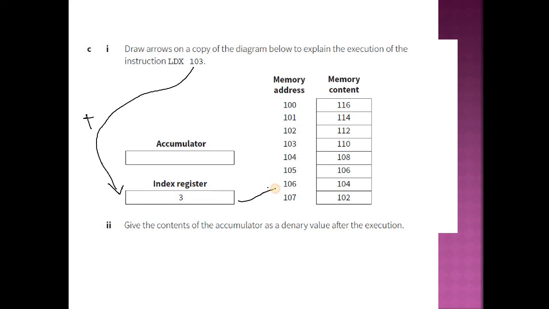From this position the data will be loaded, 104 will be loaded in the accumulator. Give the contents of the accumulator as a binary value after the execution. So we have shown with the help of an arrow that they both are being added, and after addition, this is 106, and from the 106 position we have loaded the value 104.